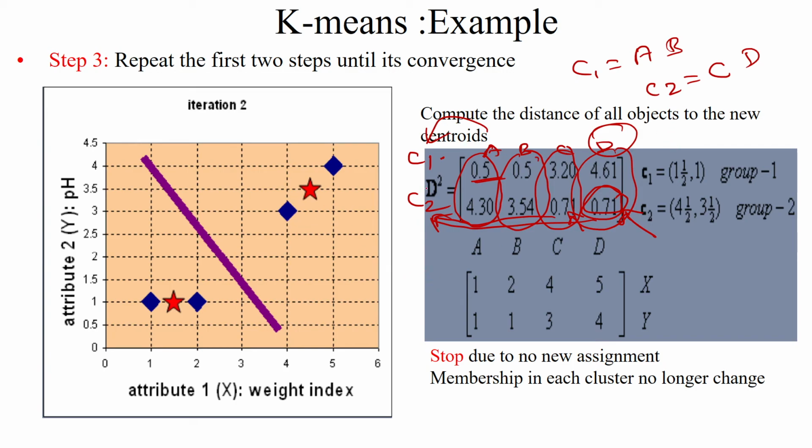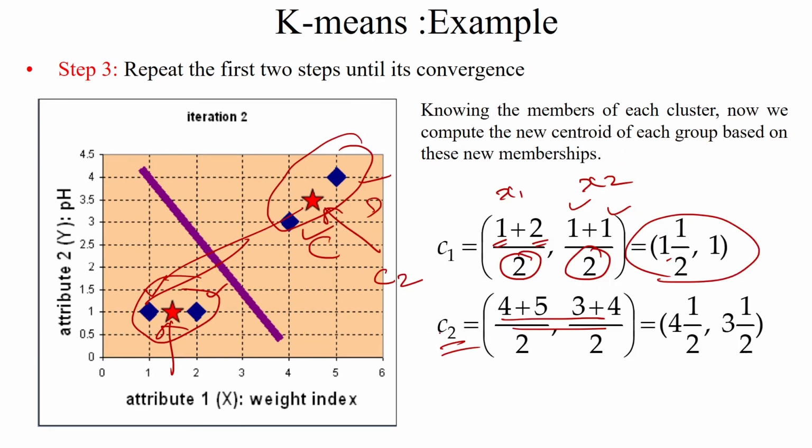Again we have to calculate the new cluster centers among these two data points, and also among the other two data points. Again identify the mean. We again get 1.5 comma 1 and 4.5 comma 3.5, the same values. Look at that: previously also cluster center 1 was 1.5 comma 1 and cluster center 2 was 4.5 comma 3.5.